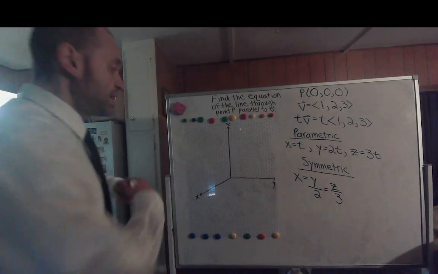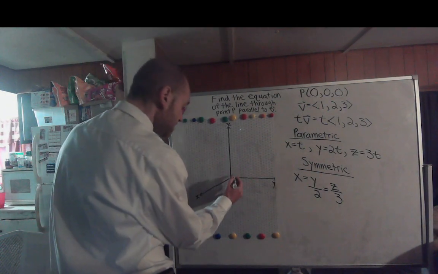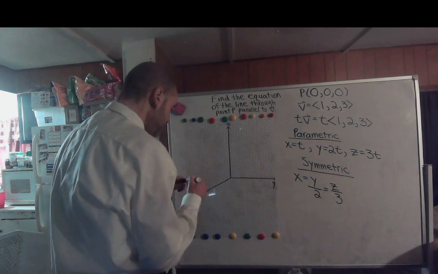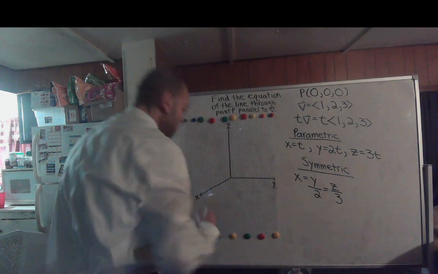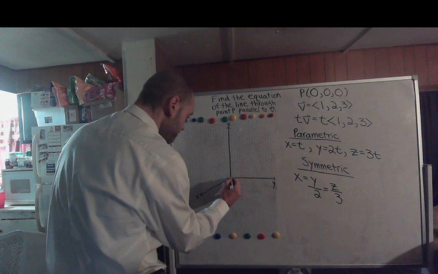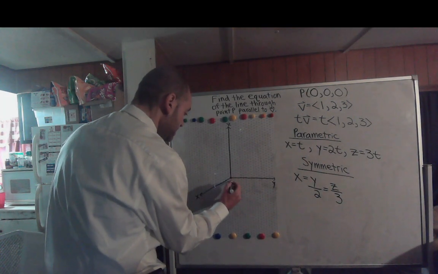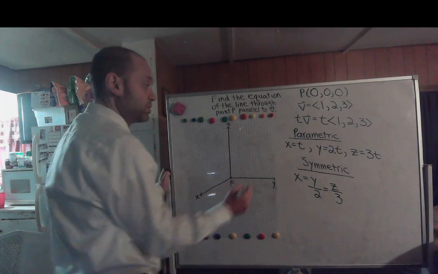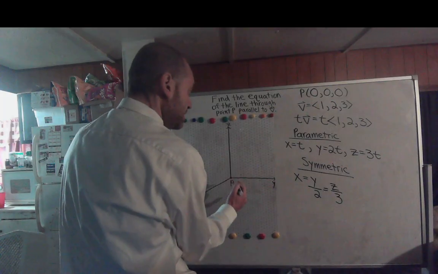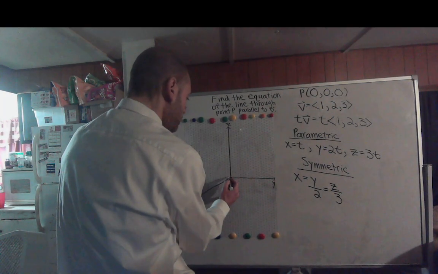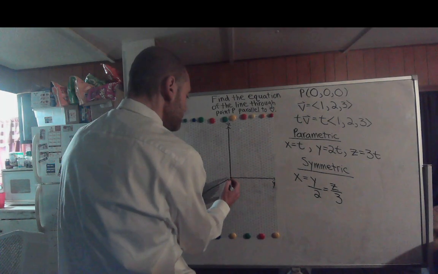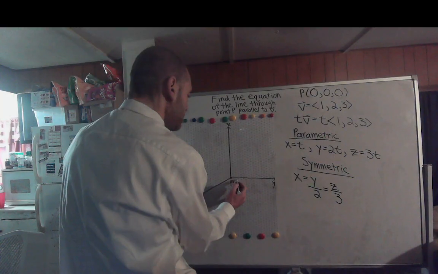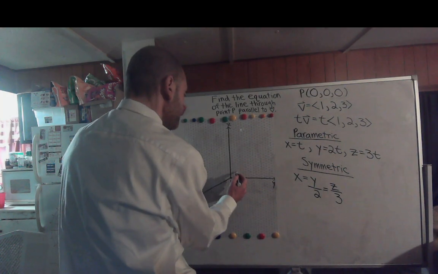And why don't we draw the line? So we have this point P at 0, 0, 0. Let me draw in a different color here. So here's point P at 0, 0, 0. And then if it goes 1, 2, 3, that means we're going to go 1 in the x direction, 2 in the y, and then up 3.